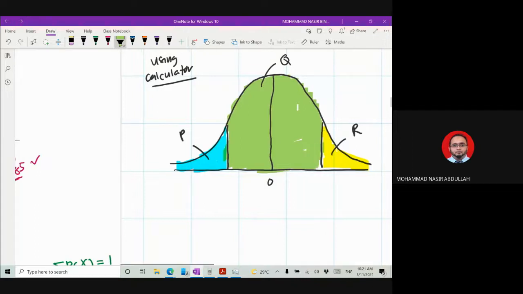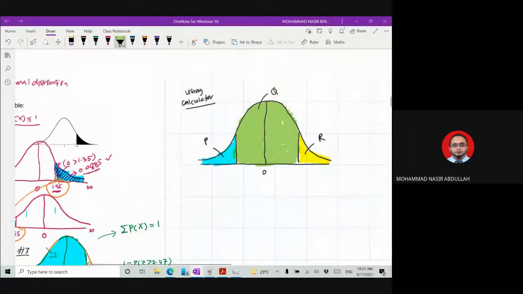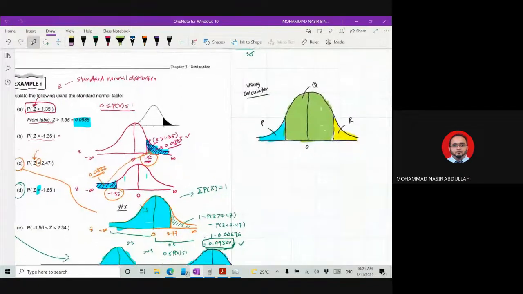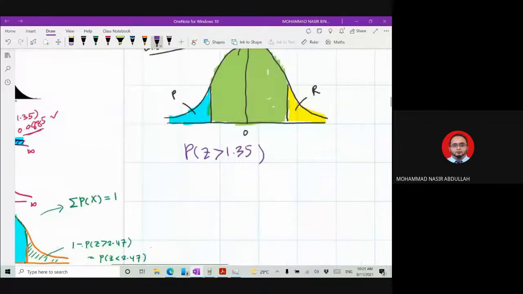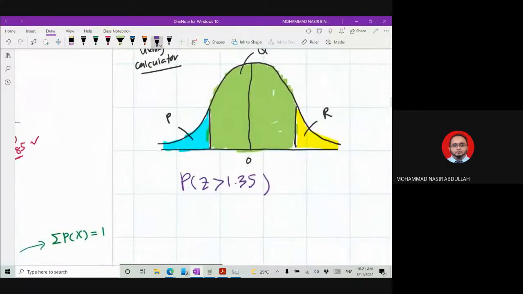Right? Can you understand? This is by using calculator. So let's say we look at the first one, which is probability of Z more than 1.35, right? So Z more than 1.35 is somewhere in the right hand side.